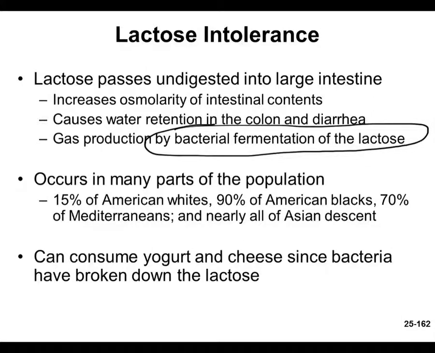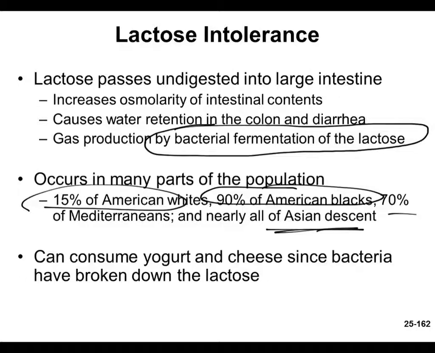So nearly all Asians are lactose intolerant. A large percentage of Mediterraneans, a very high percentage of African Americans are lactose intolerant. It's less of a problem in American whites, and again, it's just an issue with genetics and whether or not you have that.